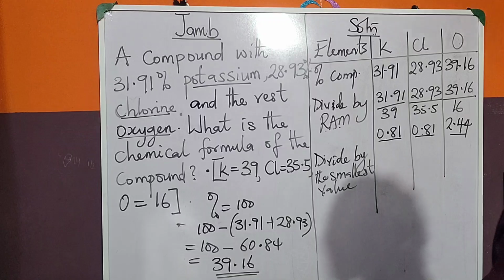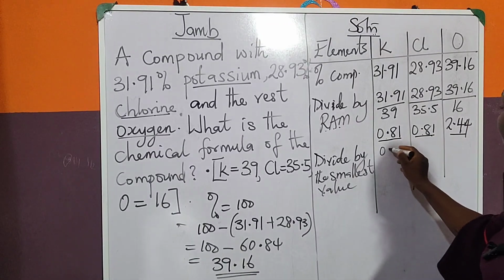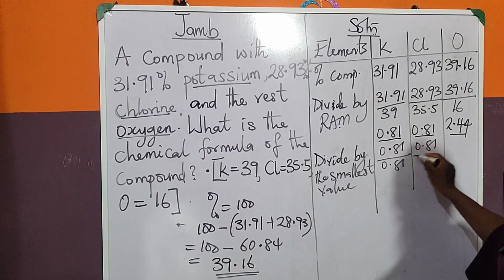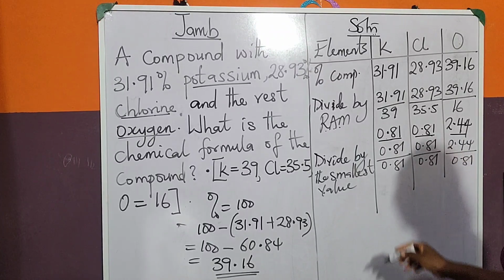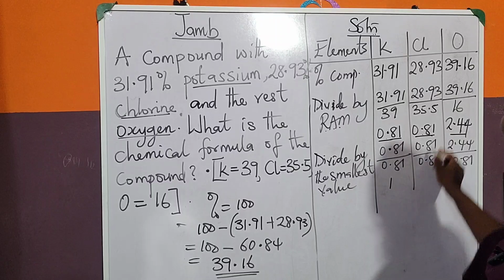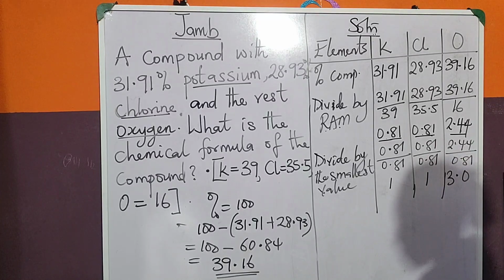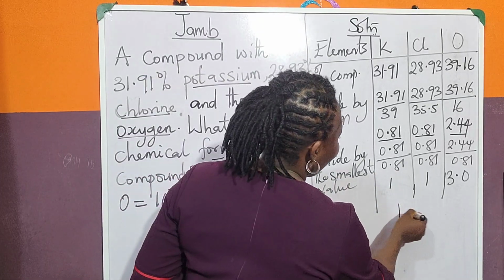If I divide by the smallest value, I will have the ratio: 0.81 over 0.81, 0.81 divided by 0.81, and 2.44 divided by 0.81. If I divide this, I'll have 1. If I divide this, I'll have 1. And if I divide this, I'll have 3.0.